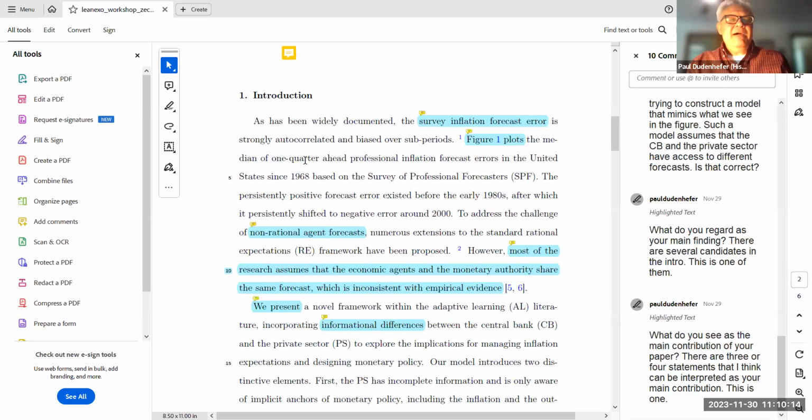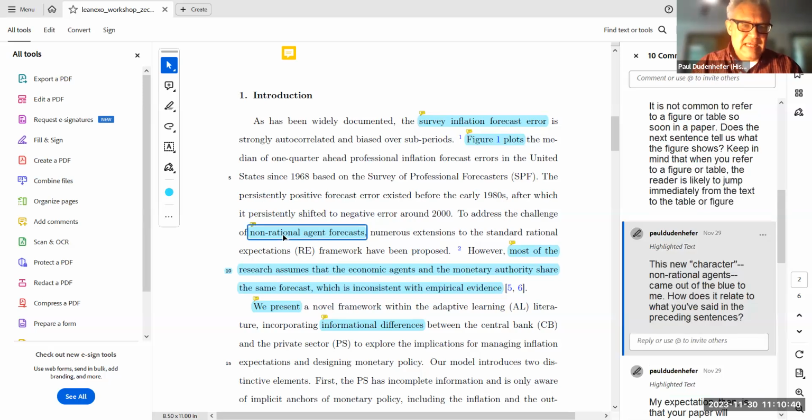Yeah. There's a principle of writing that says you go from the old to the new. You begin sentences with old information, you end sentences with new information. One of the things I had trouble with in your paper was new information appearing at the beginning. The first part where that really hit me was this non-rational agent forecast.